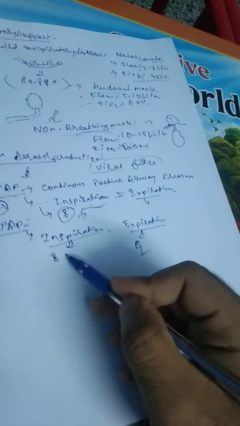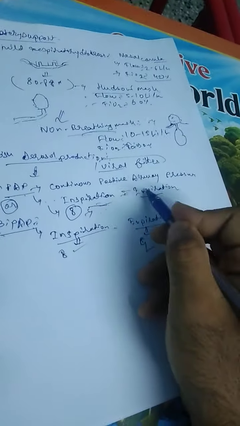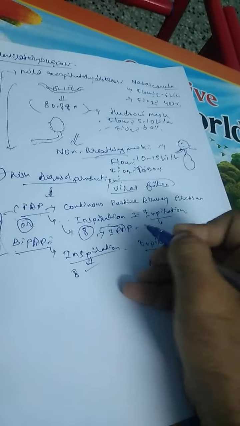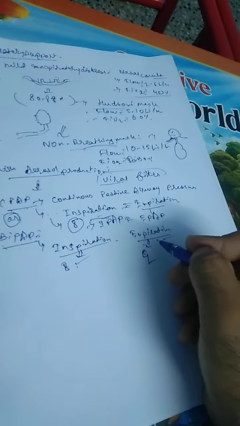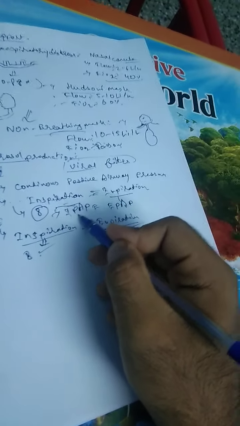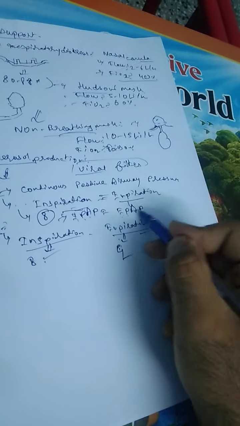So we can choose both inspiratory and expiratory pressure in BiPAP, but in CPAP the inspiratory pressure is equal to the expiratory pressure. In BiPAP, IPAP and EPAP are both variable, so the values change. IPAP is inspiratory positive airway pressure and EPAP is expiratory positive airway pressure.